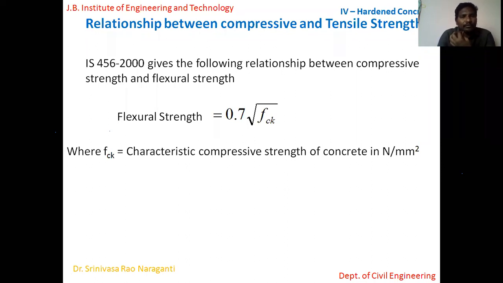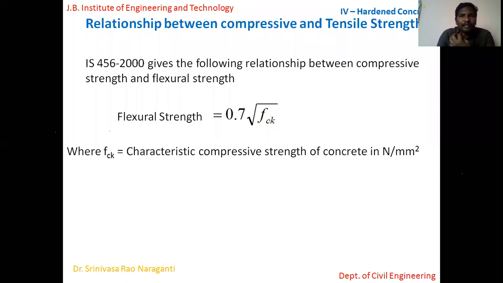Most often we compute experimentally the value of compressive strength of concrete. Whether you take any project, even if you're just constructing a G+1 building or a small ground-floor house, whenever you use concrete for the slab or for the beam works, we randomly take samples from the site and check the strength of the concrete, to see whether we are really achieving the designed FCK value at the site or not.